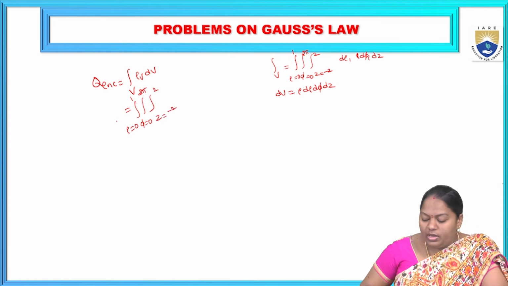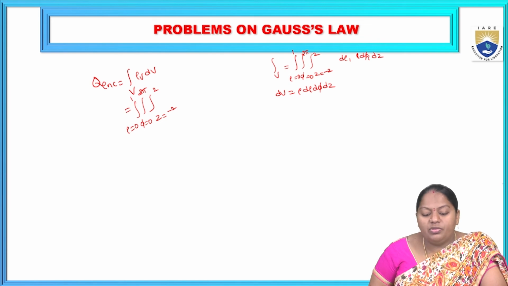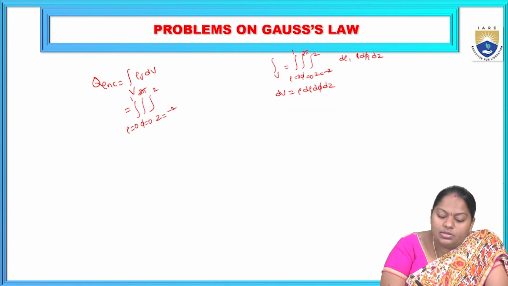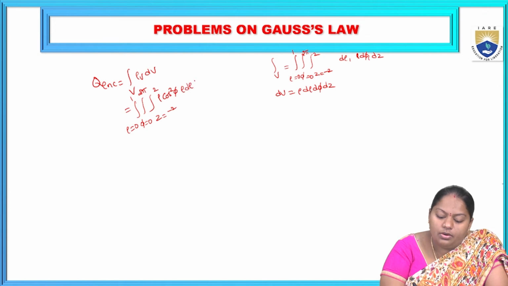And the value of rho v is to be obtained before substituting the limits. Before substituting, its value is rho v = rho cos square phi. So now substitute rho cos square phi into dv, means rho d rho d phi dz. This is the way we need to write first.